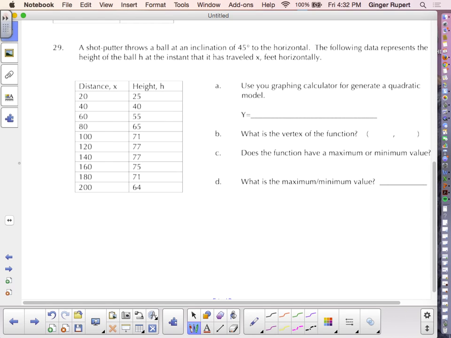And then the last one, you can just walk through those steps again. I'll just give you the answer. You're going to enter these in list 1, enter these in list 2. Then you will go to Stat, arrow over to Calculate, then arrow down to Quadratic Regression.